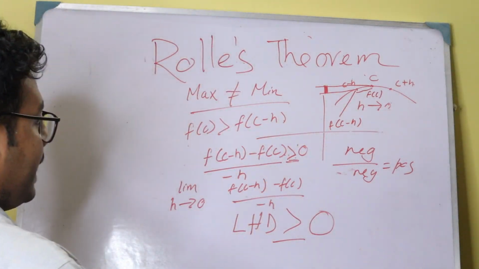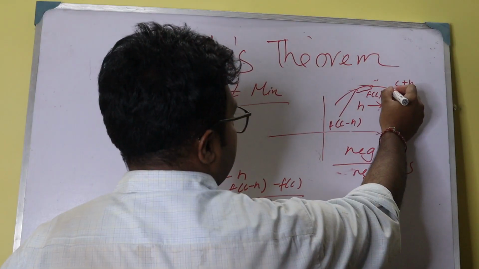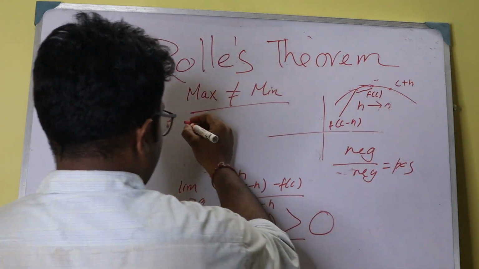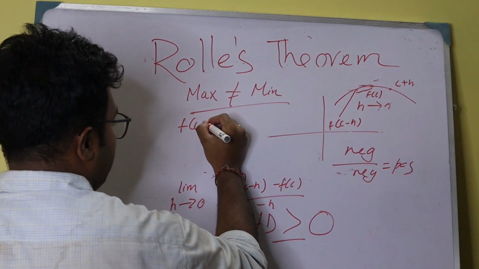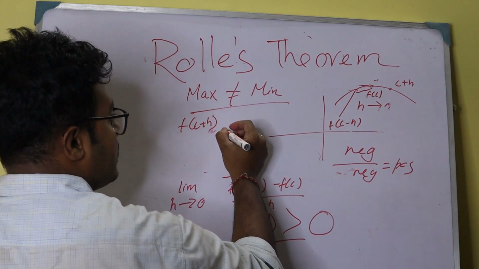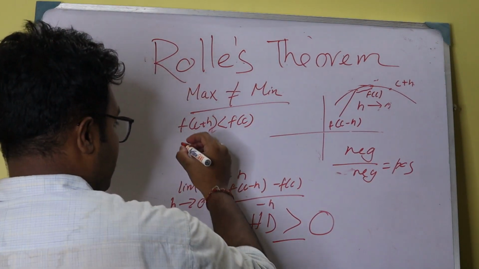Now for the next case, f of c plus h is here and f of c is here. So f of c plus h is less than f of c, right?